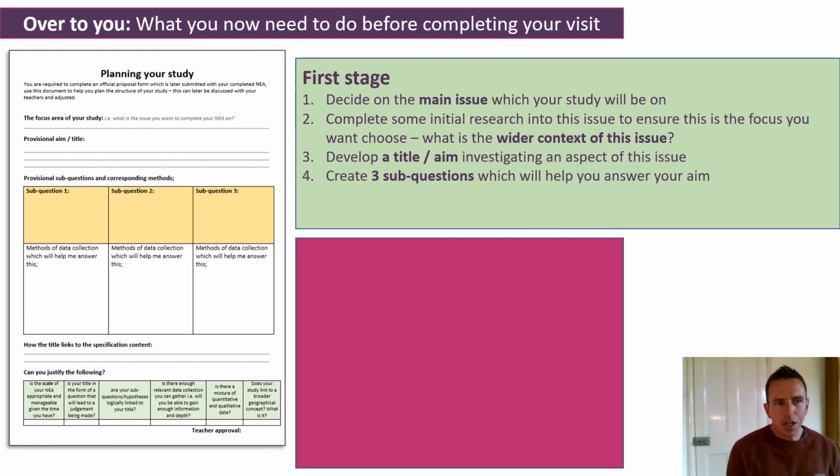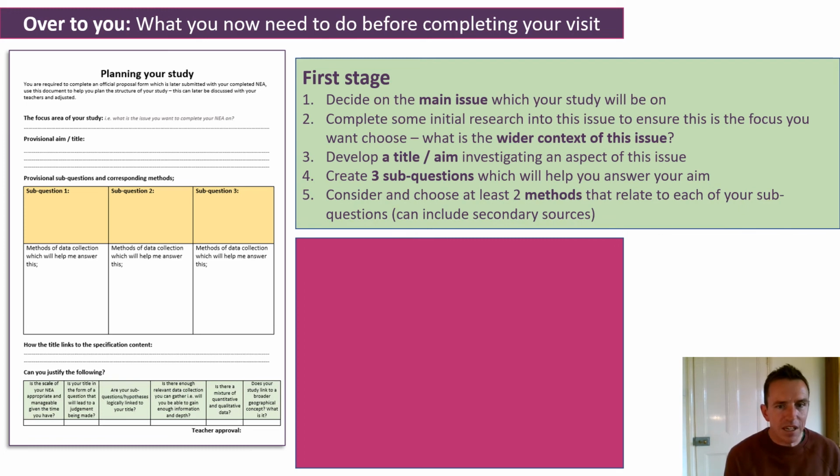Again, this isn't new to you, but once you have developed your title or your aim, we would suggest that you divide that up into 3 supporting sub-questions, which each in turn are relevant to your title and help you answer what it is that you're aiming to do. And then 5th, on this initial stage of planning, we would suggest between maybe 5, 6 or 7 methods overall that you choose to investigate while you're in Southwold.